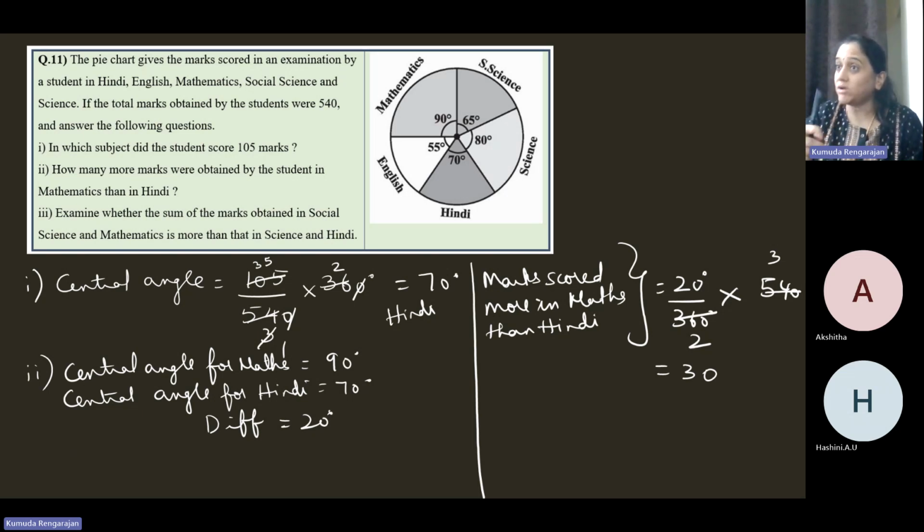So how much more? 20 degrees more. So 20 degrees by 360 degrees, and you want marks, how much more marks? So into 540. 20 degrees out of 360 degrees into 540. 30 more marks. All right.